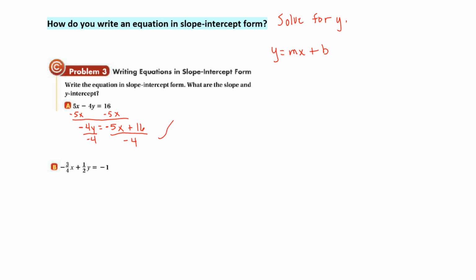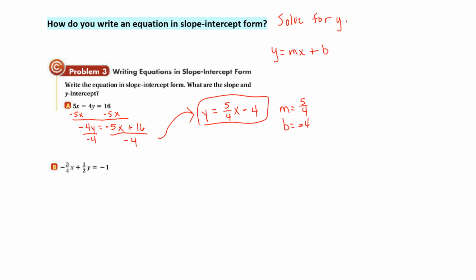So then I would have y. -5x divided by -4 would be positive 5/4 x, and 16 divided by -4 would be -4. So I would have slope-intercept form of y equals 5/4 x minus 4. So my slope would be 5/4, and my y-intercept, my b, would be -4.